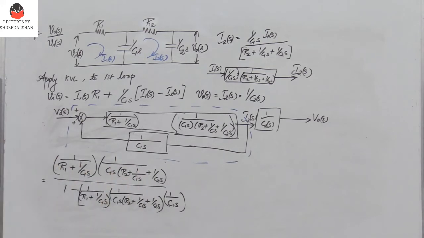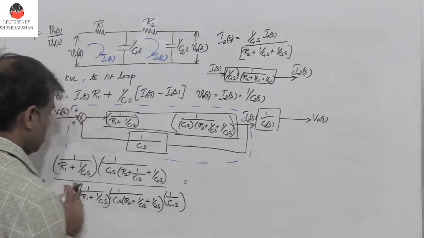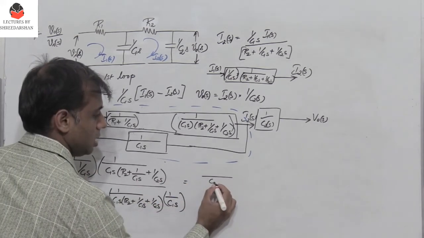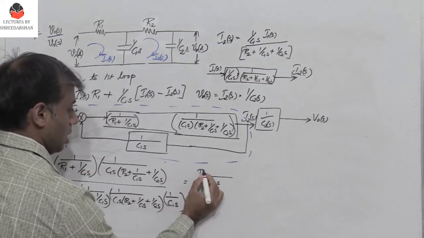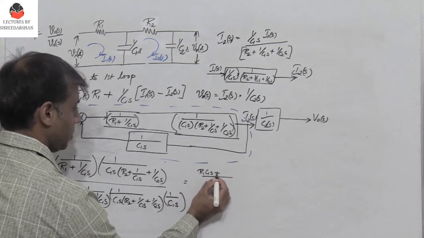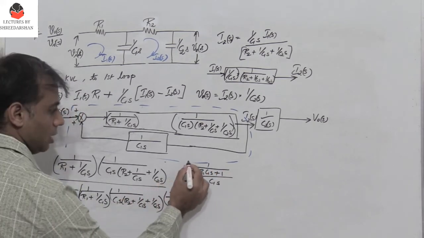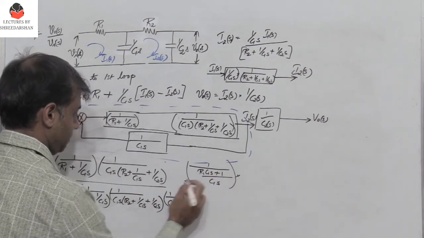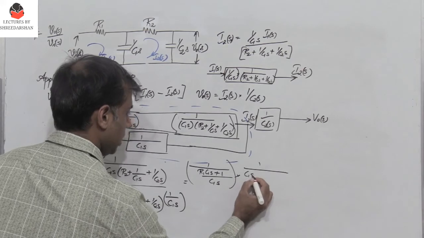So now considering the denominator here, so if I try to simplify this, so here I have C1S in the denominator, so this gets multiplied with R1 C1S plus 1. So 1 divided by, I have the whole thing into, again here I have 1 divided by C1S.